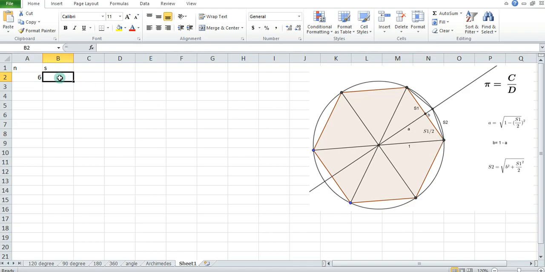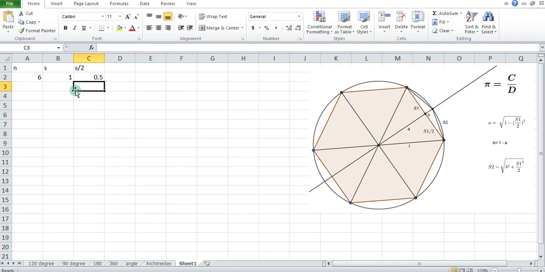So we take 1 unit, and we need S by 2 to find A. To find A, we need this S1 by 2 length. So S by 2, we can write the formula, this S divided by 2.